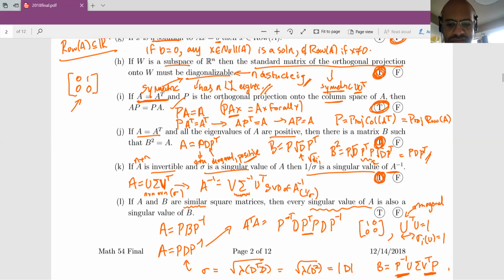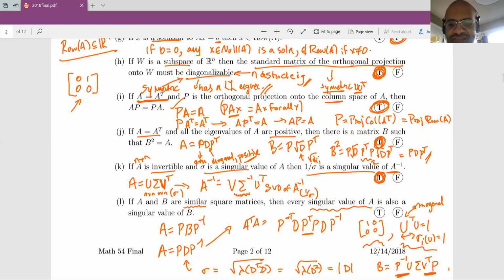You can come up with your own favorite example. Unfortunately, to really have a proof, you need to do a little calculation somewhere. But the conceptual meaning is that similarity doesn't preserve things like norms. That was a question on the second midterm: that change of coordinates does not preserve dot product.